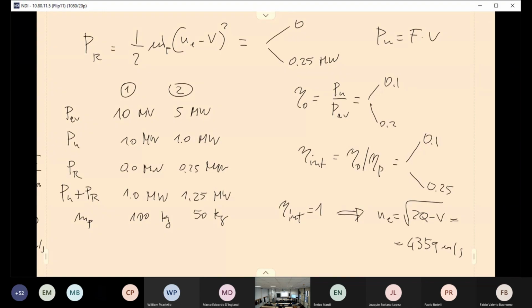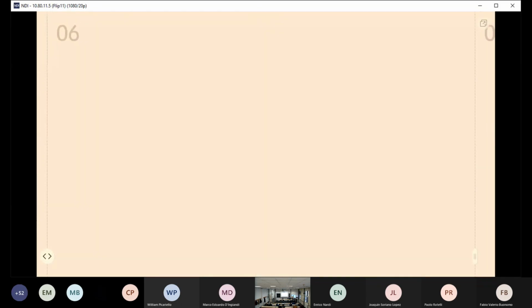Well, let's consider the data. We have an initial mass of 150 kilograms, a sea level thrust of 2200 newtons, propellant mass of 100 kilograms.